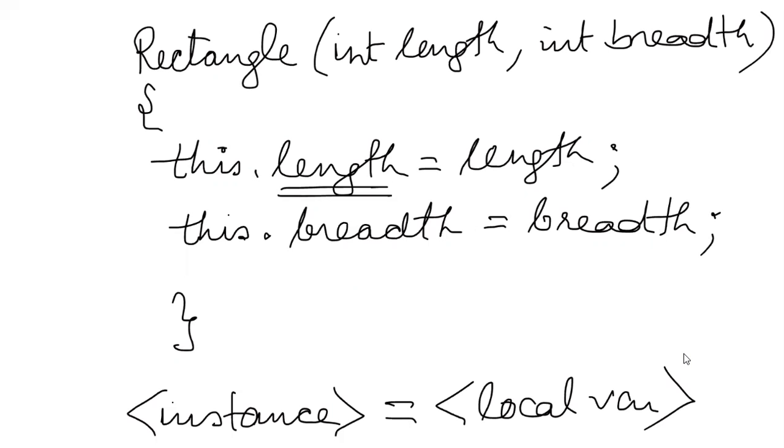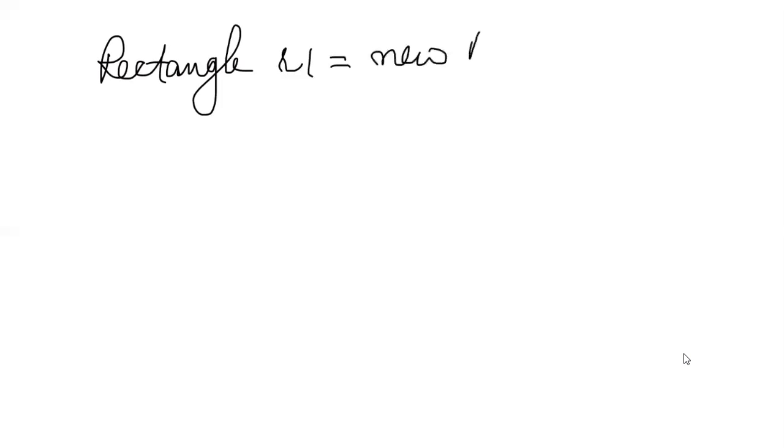Now, if we look at an execution, suppose I create a rectangle. So I create a rectangle here. Let me write it as rectangle R1 is assigned new rectangle, say 10 and 5.